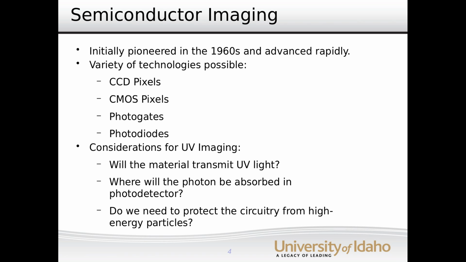And then we also need to worry about, since these are shorter wavelengths, they have higher energy, we need to consider protecting the circuitry from higher energy particles, particularly X-rays and gamma rays, but even some UV protection is going to be necessary if it's the right type of UV radiation.